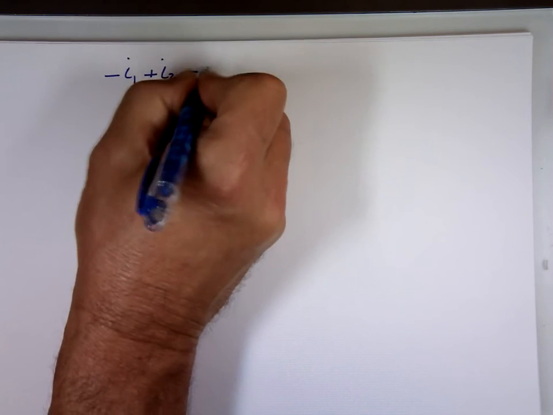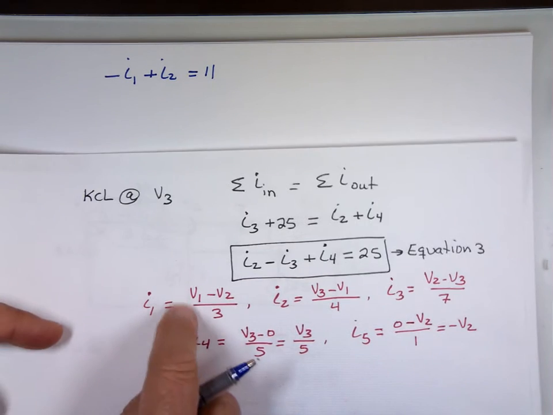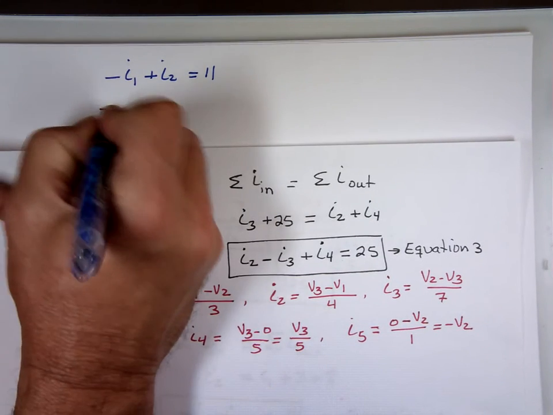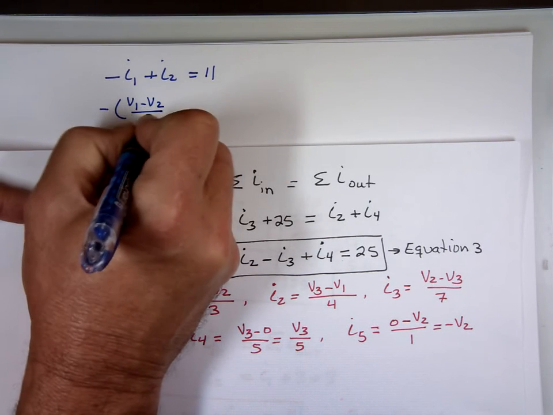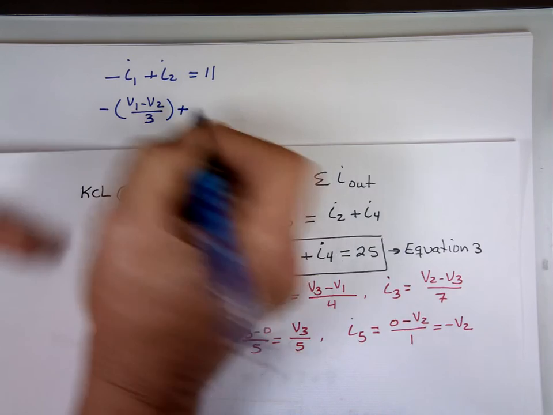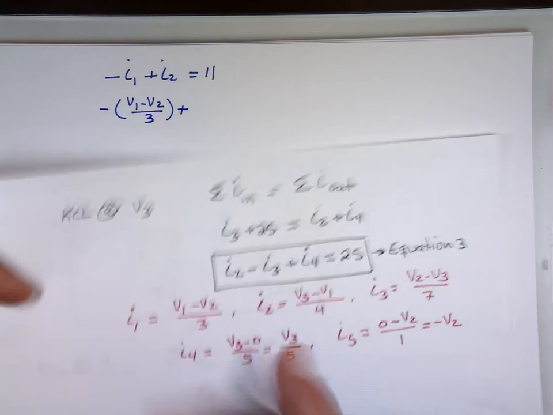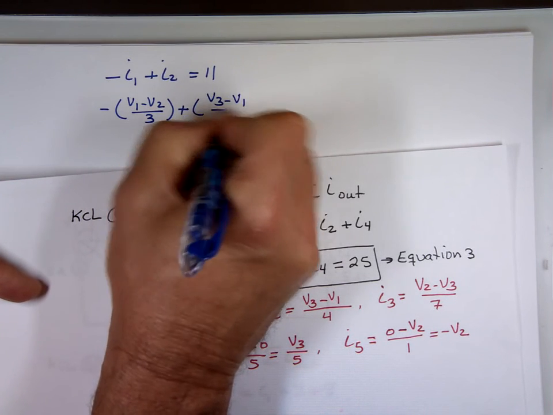And let me replace I sub 1 with what? V1 minus V2 over 3. Replace I sub 2 with what? V3 minus V1 over 4. Equals what? 11.